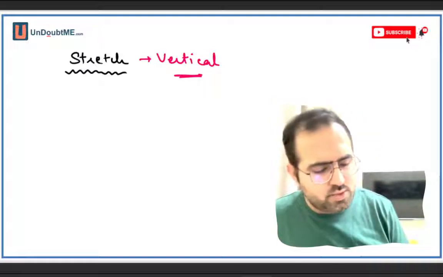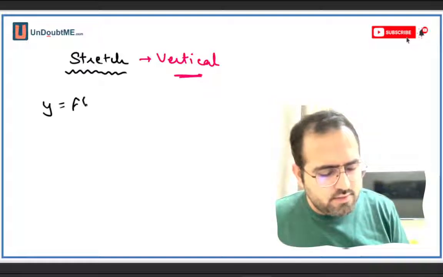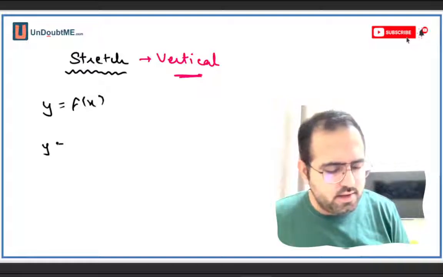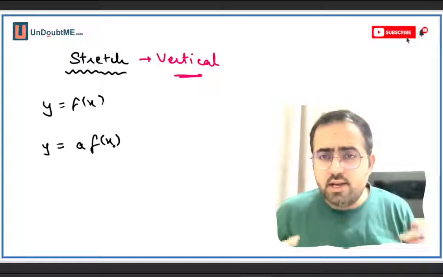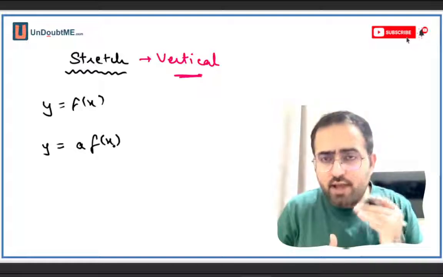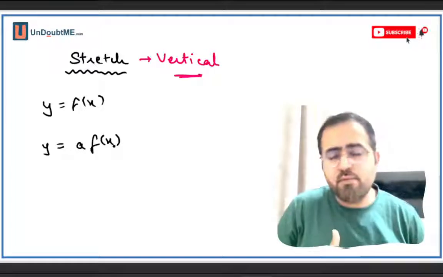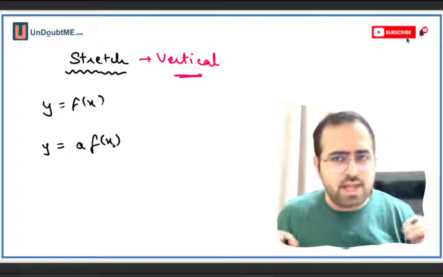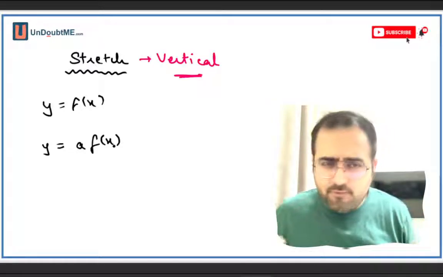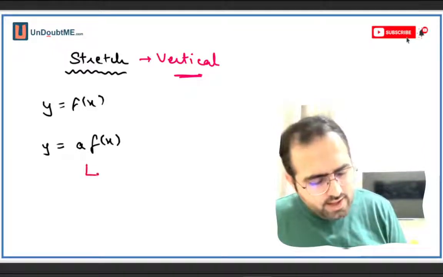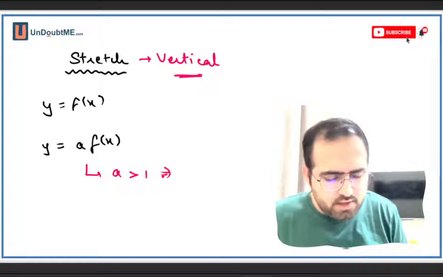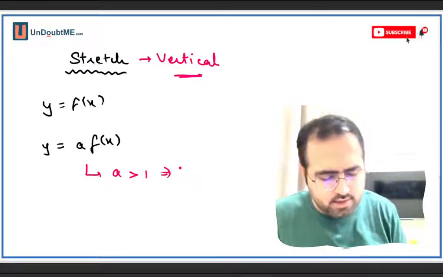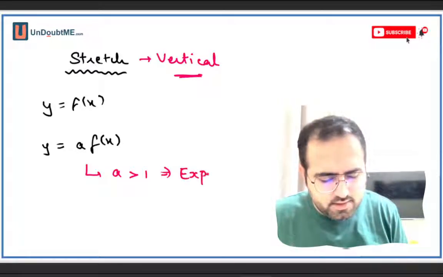The vertical stretch is applied when I multiply a number along with f(x). It means that the whole value of f(x) is being multiplied by something. It can be any number. It is quite obvious that if this a is greater than 1, then that will be a vertical expansion.